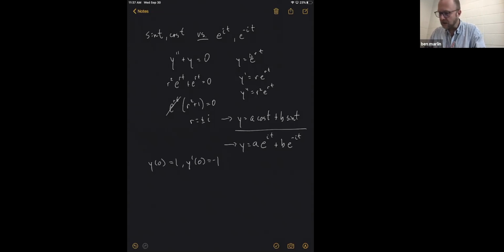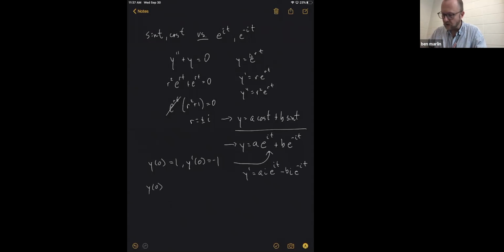So I'm going to go ahead with the solution that has the exponentials in it and solve that out, all right? To do that, I'm going to need y prime equals a i e to the it minus b i e to the minus it, okay? All that was just taking the derivative because I knew that I had to plug in.